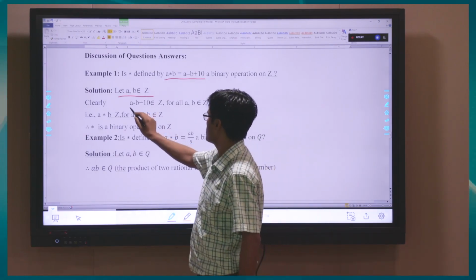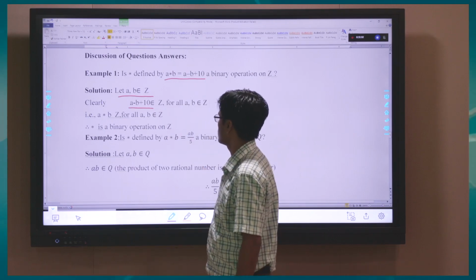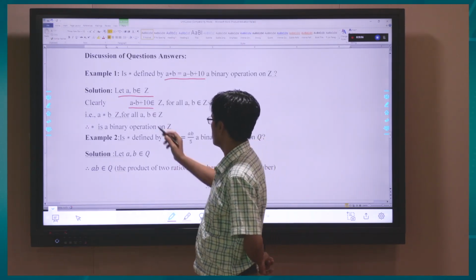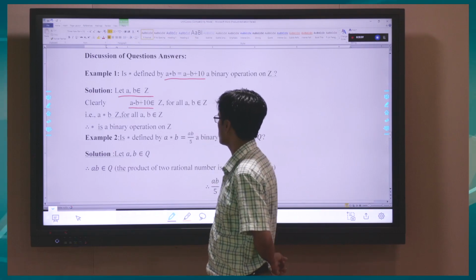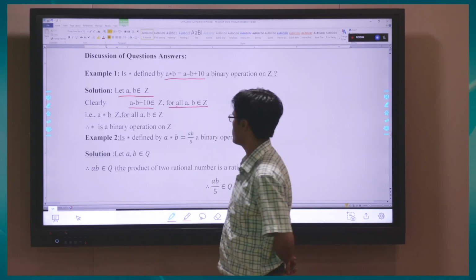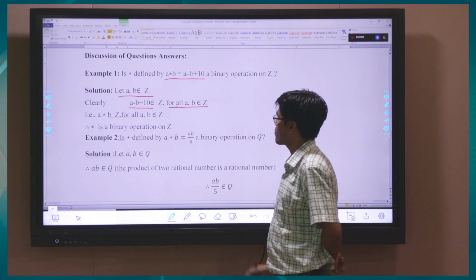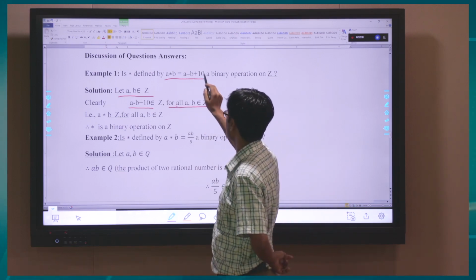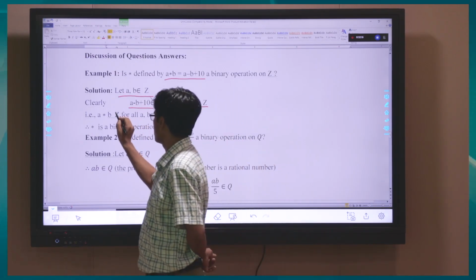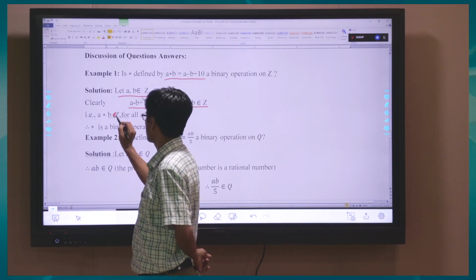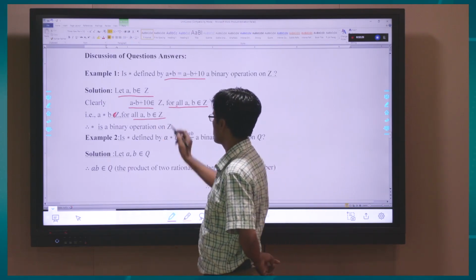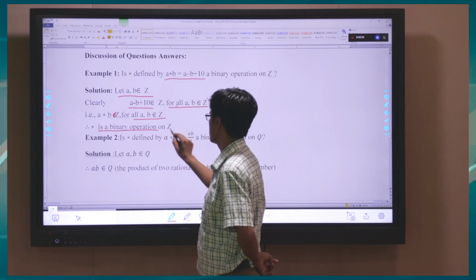Clearly A minus B plus 10 also belongs to Z, because subtraction of any two integers belongs to Z, and addition is also a binary operation on Z. Therefore A minus B plus 10 belongs to Z for all A, B belongs to Z. So obviously A star B belongs to Z for any elements A, B belongs to Z. So star is a binary operation on Z.